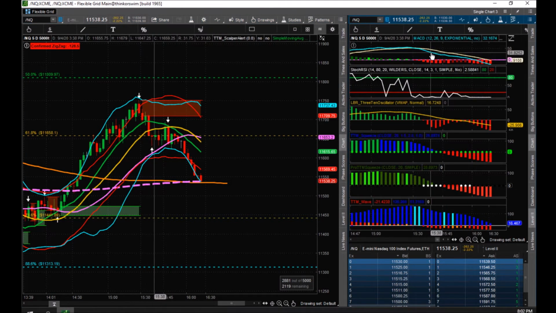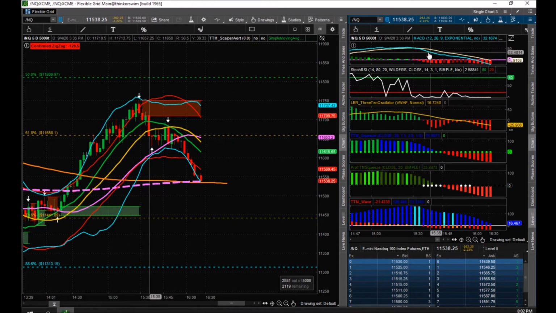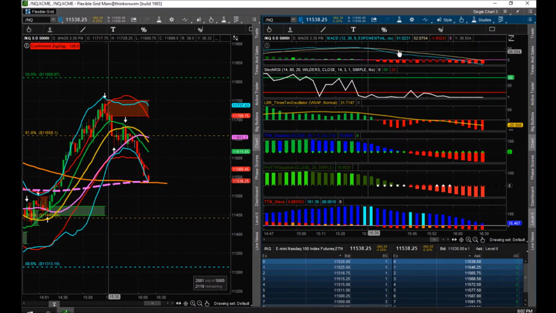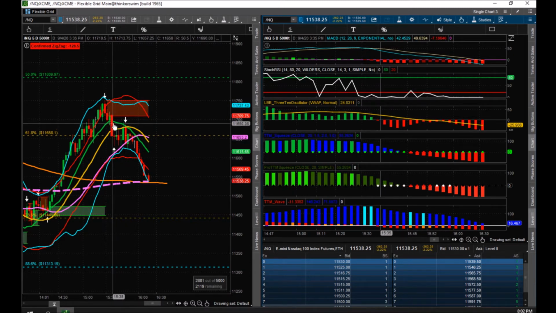The MACD is crossing over. My cursor right there is where it crossed, on that 13. I don't know if you guys can see that on the other side. If we see where that 13 crossed over the 21 over here on this side, you see where it crossed over there?